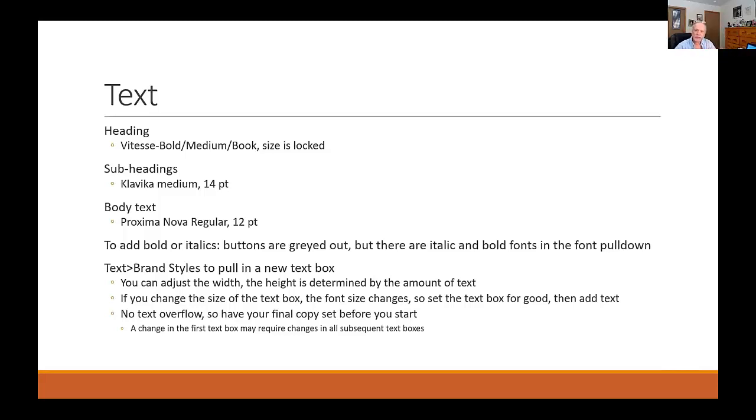You remember where you stopped, and then you keep copying and pasting in more of your text. So be aware, the only way to control the height of a text box is with content, and because there's no text overflow, you've got to do a trial and error system of finding out exactly how much text goes in each one of those boxes.